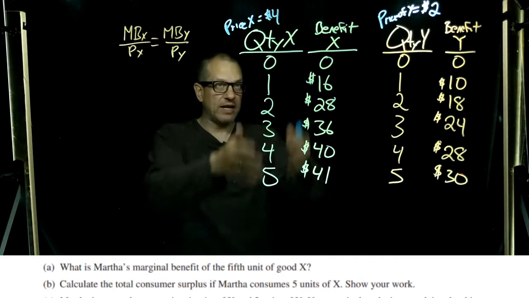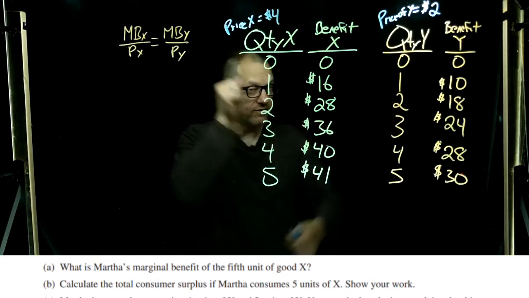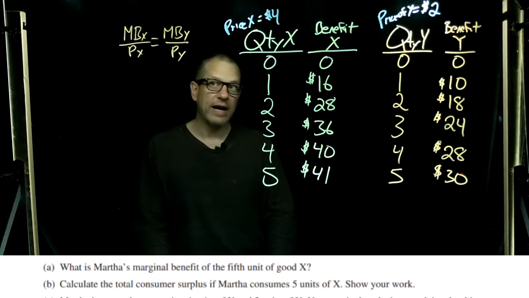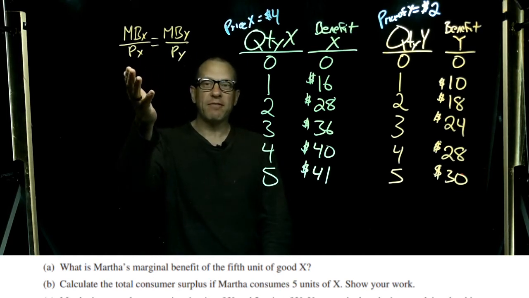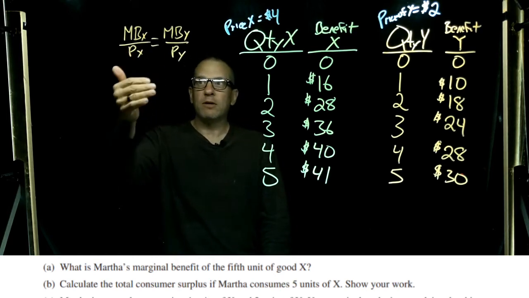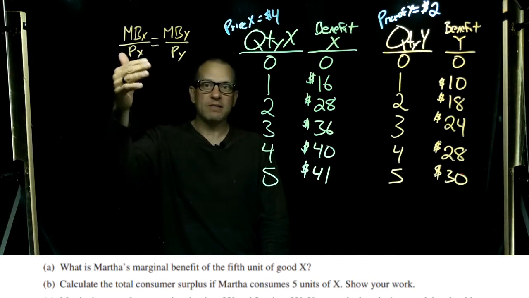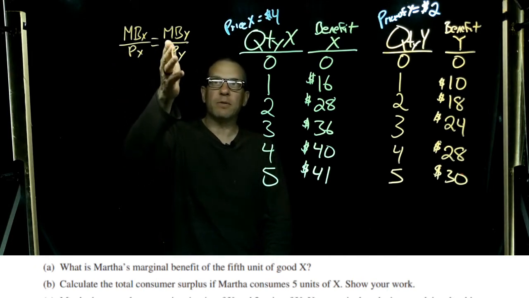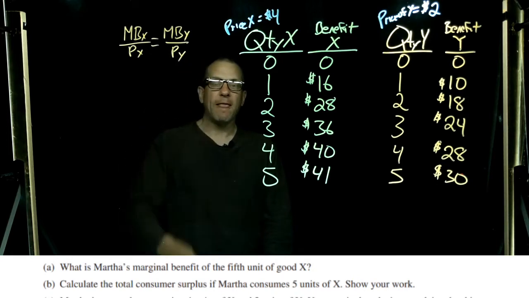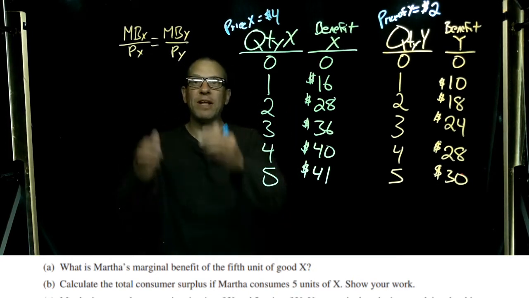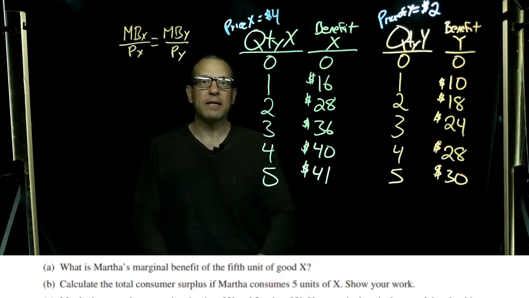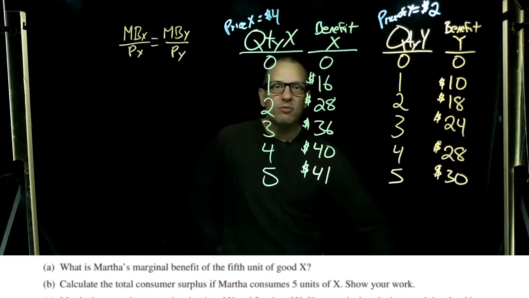One set of data concerning good X and one set of data concerning good Y. This is your classic marginal benefit of one good over the price of that good needs to equal the marginal benefit of the other good over the price of that good. And when they equal out, that's when we're maximizing our consumer satisfaction. This is what we have.